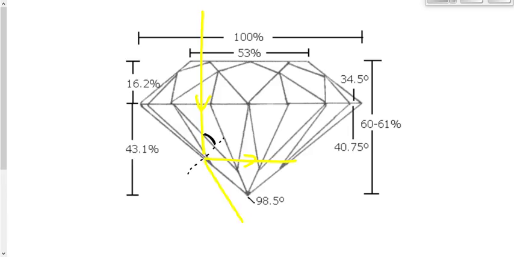If this is cut wrong, then my angle may not be bigger than the critical angle, and it refracts out instead of reflecting. But if this is diamond with such a high index of refraction, therefore low critical angle, and it's cut right, then this ray of light exceeds the critical angle and it reflects. Guess what I see when it reflects? A sparkle. I see a sparkle when the light reflects off of that diamond-air boundary.